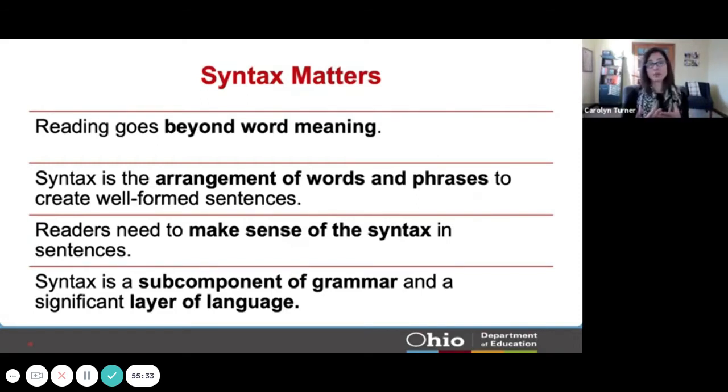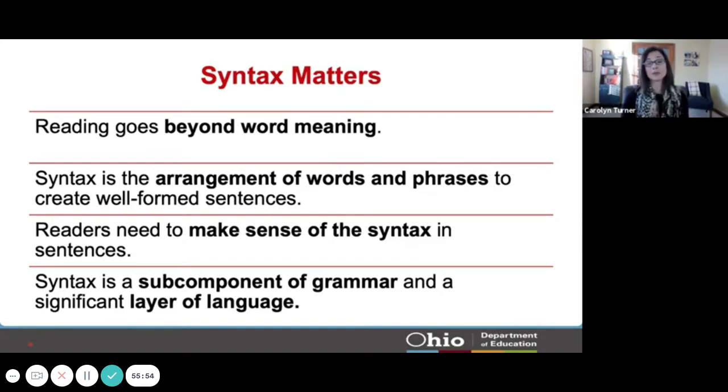And so we need to be very explicit in how we teach students to make sense of the syntax and how we help them with that ordering of the words, because sometimes the ordering of the words doesn't have that direct one-to-one translation. And so we need to think about how that translation is affecting the overall comprehension of the sentence.